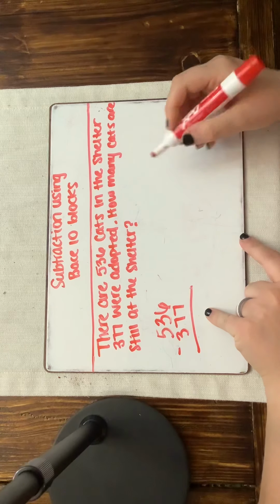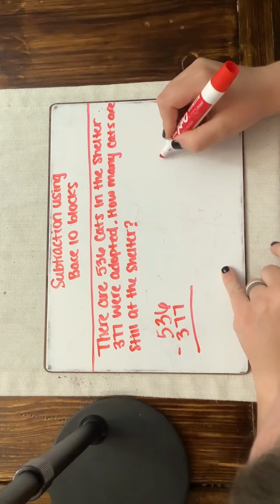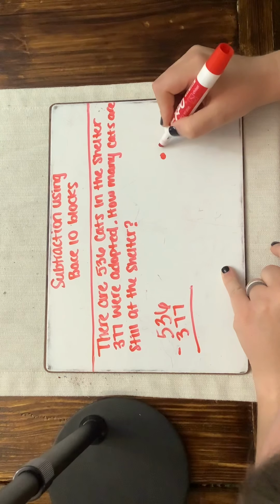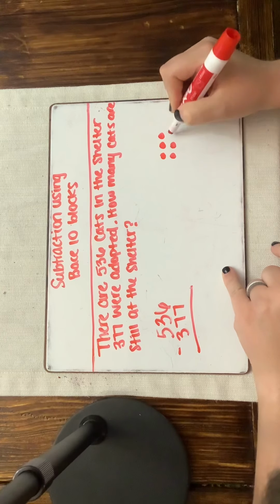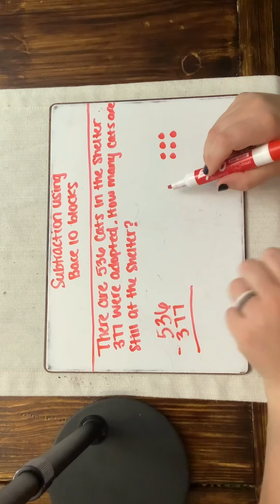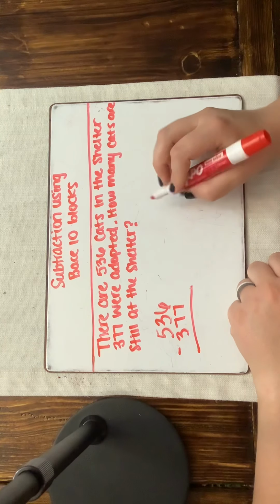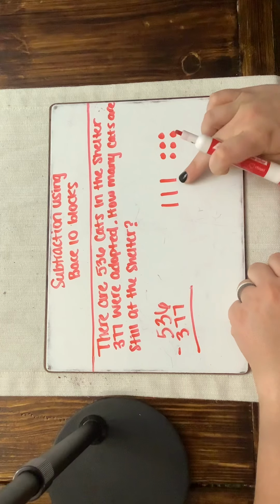So we have 6 in the ones place. We're going to draw 6 ones, 2, 3, 4, 5, 6. We have 3 in the tens place, so that'll be 30. So 3 tens.